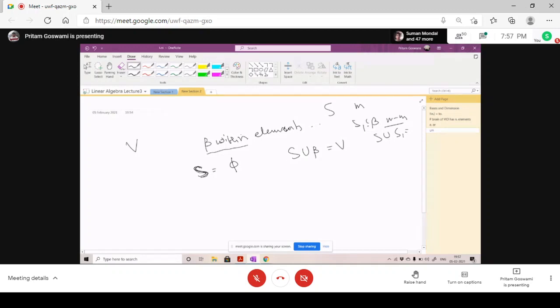So there is already a set y1 up to yn, which is linearly independent, and beta is a set of n elements. Then what this corollary assures you is that S will be a basis also, because it's linearly independent and has exactly n elements.